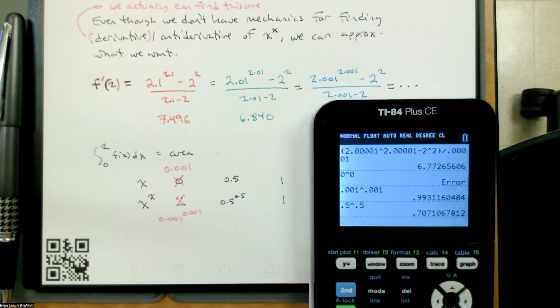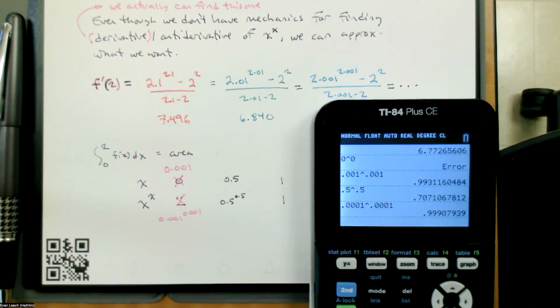But once we have a table of values, so this 0.001, actually, if we think about it this way, we could examine what we can use for f of 0.